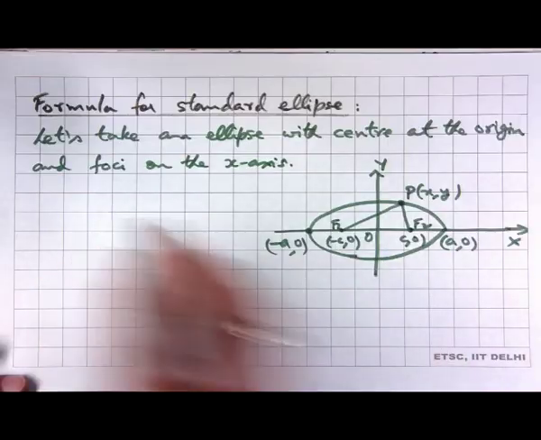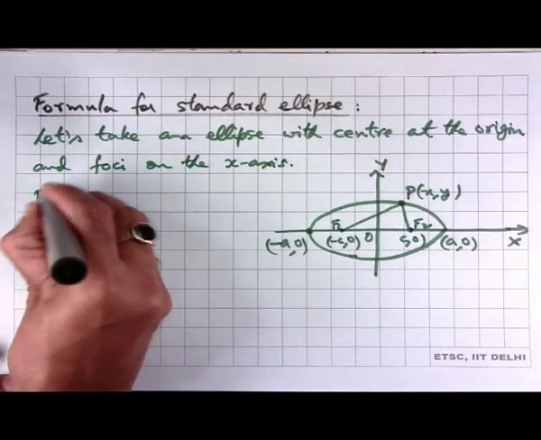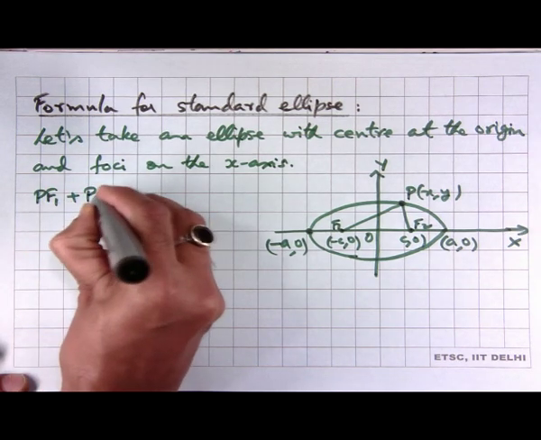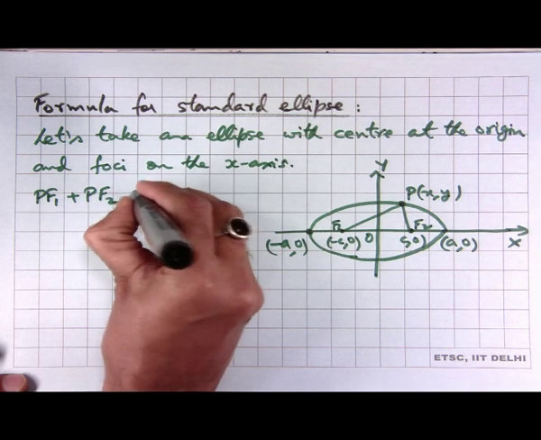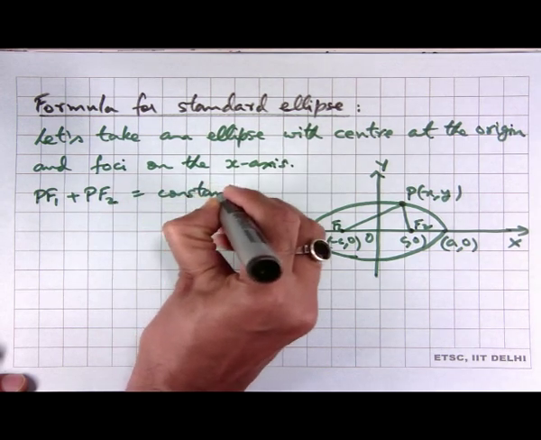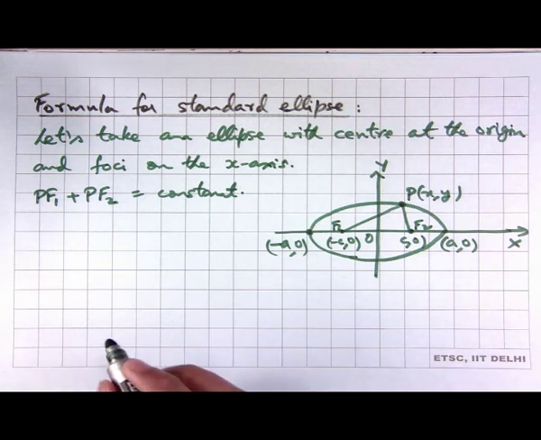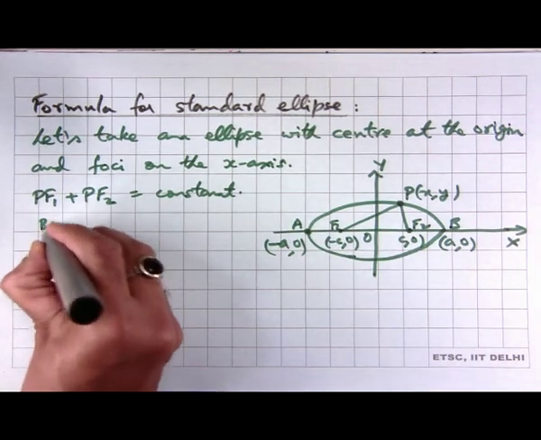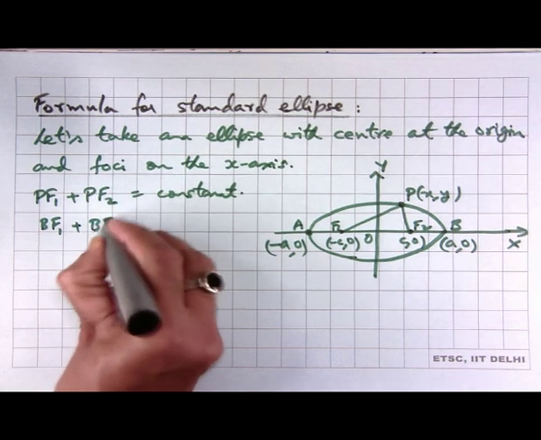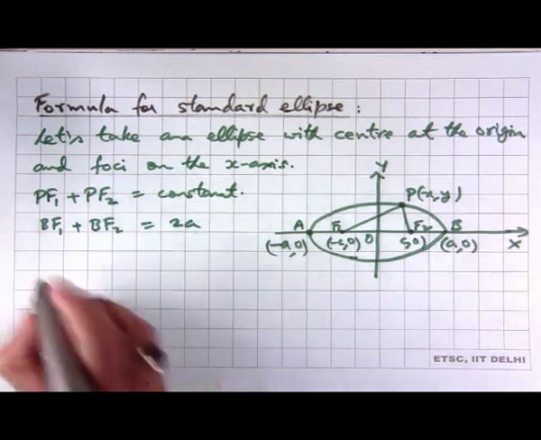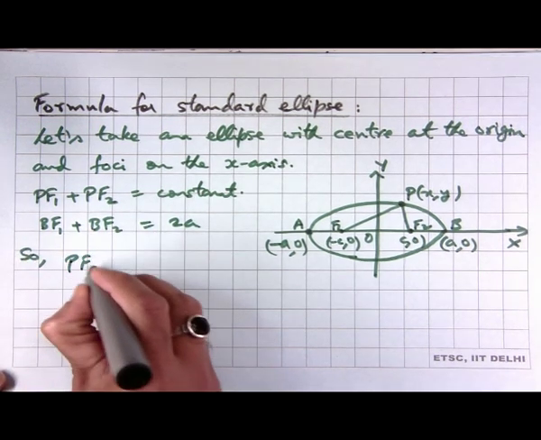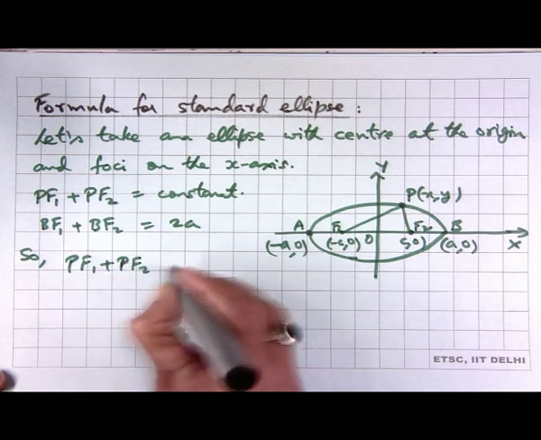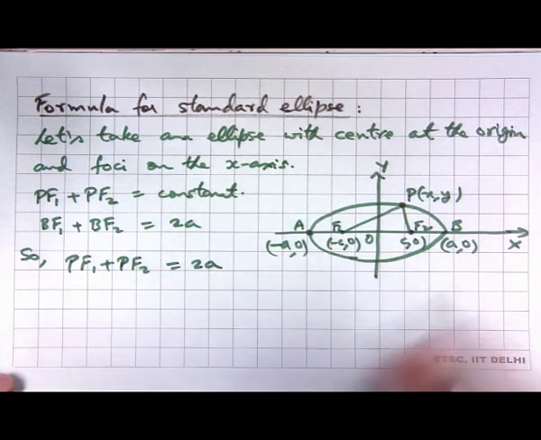We know that PF1 plus PF2 is a constant, and we have already calculated in the previous slide that if we take this point B, then BF1 plus BF2 is equal to 2a. So, PF1 plus PF2 must be equal to 2a for every point P on the ellipse.